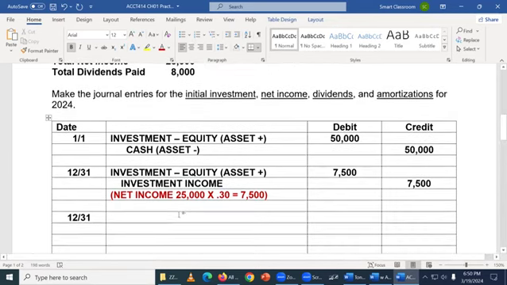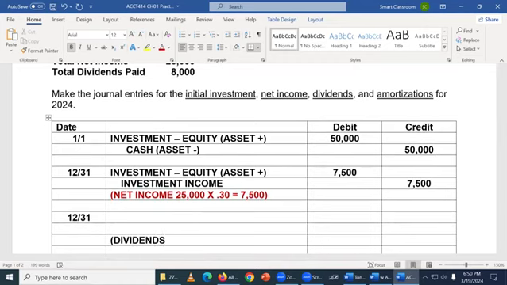And dividends. Another 8,000. And dividends we don't count as income. It's just exchanging assets. 2,400.